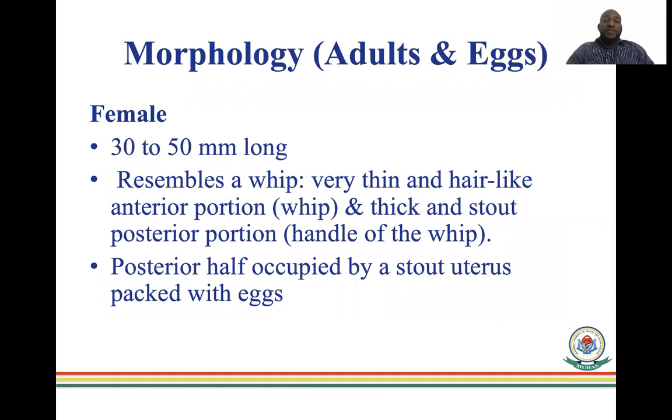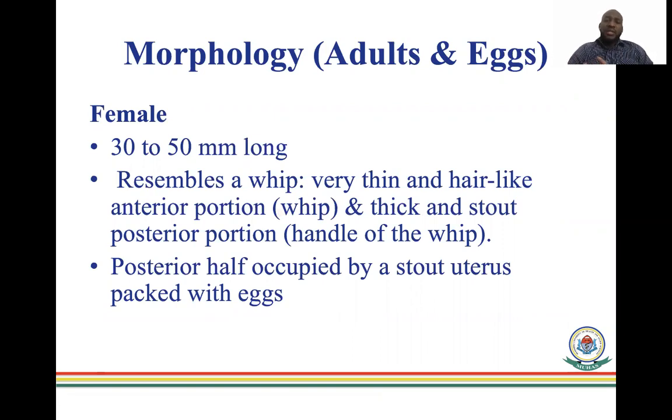Going on to the morphology of the females, they are slightly longer than the males, about 30 to 50 millimeters long, and they also resemble a whip: a very thin hair-like anterior and a thick, stout posterior portion, the handle of the whip.